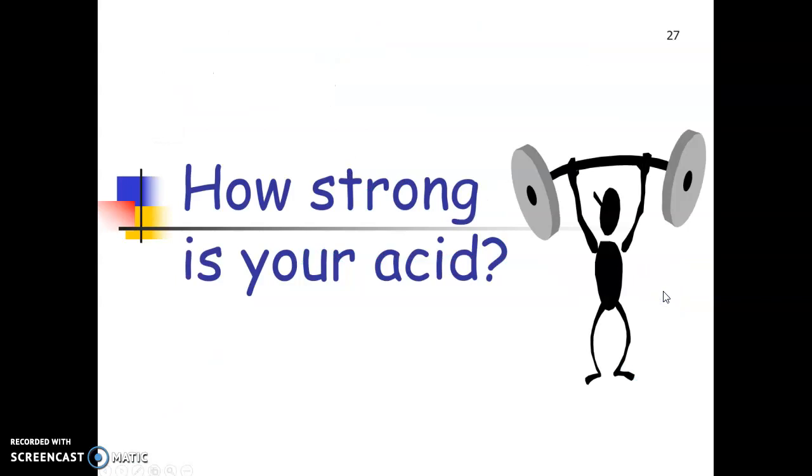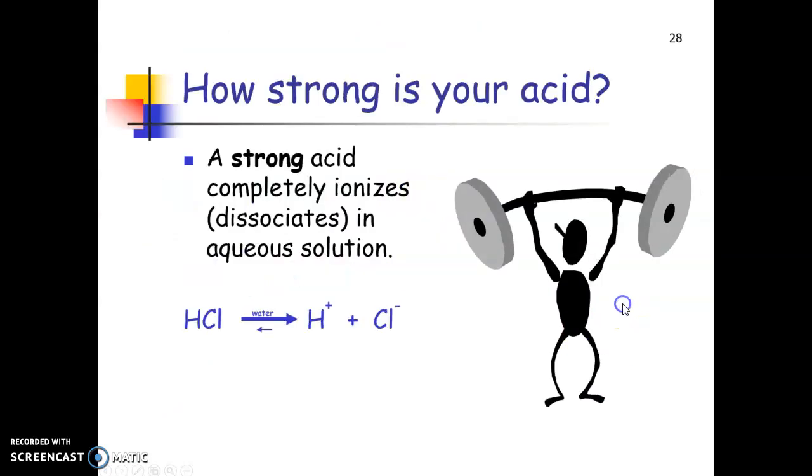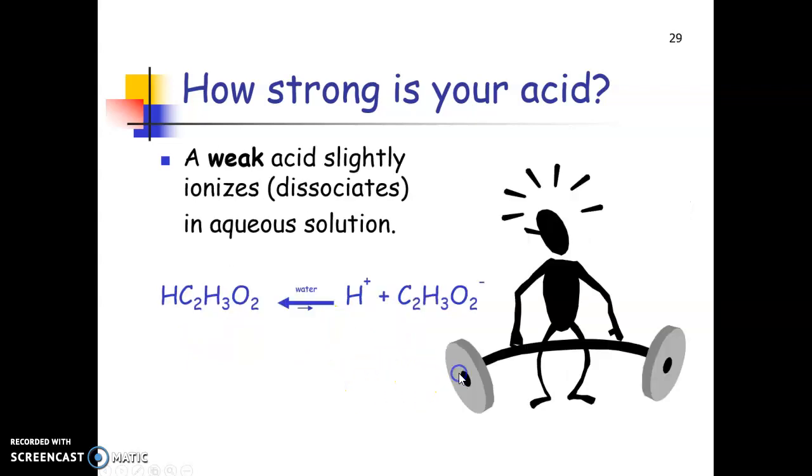Alright, so let's talk about the strength of acids and bases for just a moment. So strong acids ionize completely in solution, and that's similar to the term dissociate, but since this is a covalent compound, we only use the term dissociate for bases, so just kind of keep that in mind. You might see the term ionize there for an acid breaking into ions in solution. And that happens to a large extent, so there would be very little HCl left together, and most of the HCl would be separated into ions in solution.